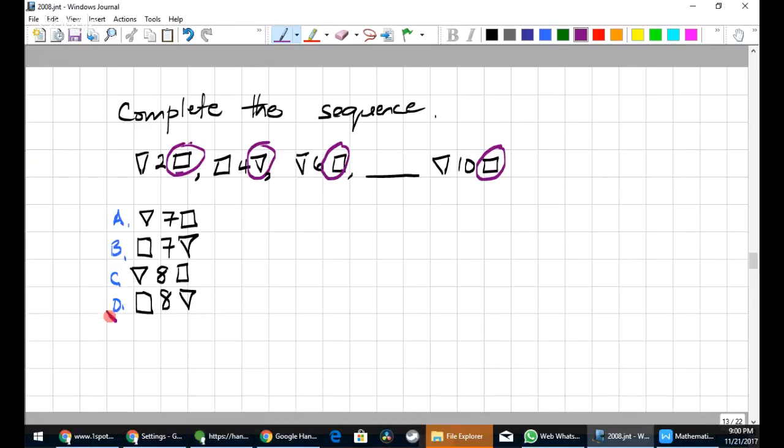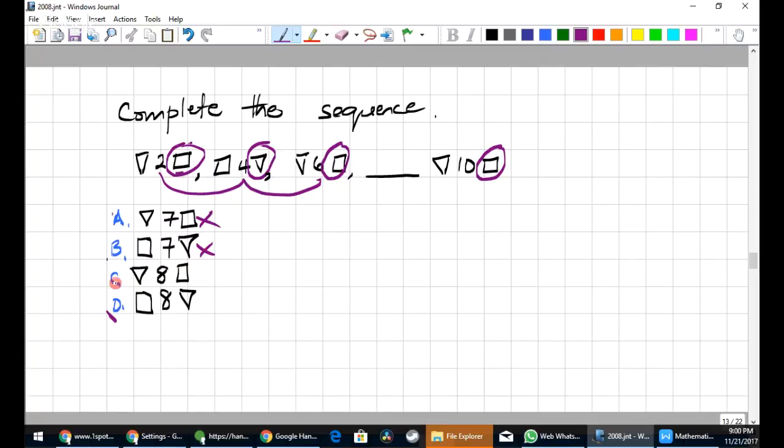Why wouldn't you use A or B? Sir, because it is counting by 2. All right. So we can't use 7, so we know those two are out.